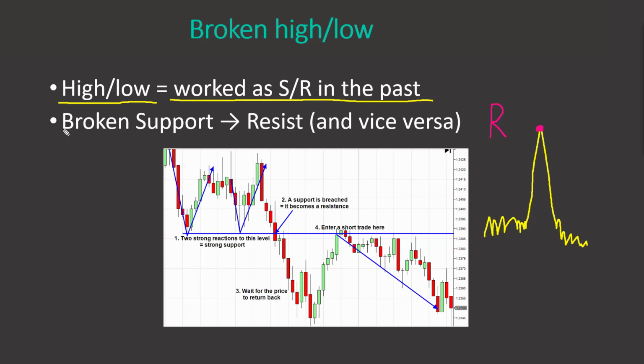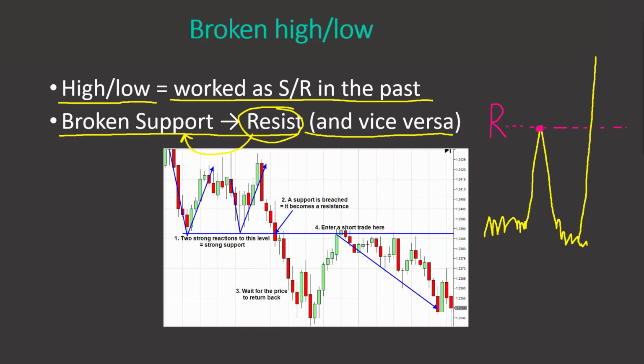Now, how to trade this? Broken support becomes a resistance, and vice versa, which means broken resistance becomes a support. So in this case, there was a resistance. Now imagine the price goes like this and breaks through that resistance. It is resistance no more, and it just became a support, right?